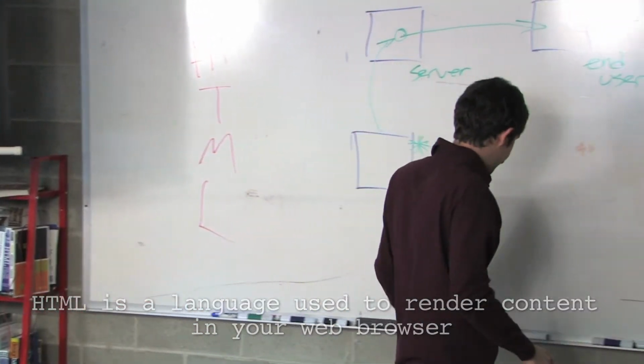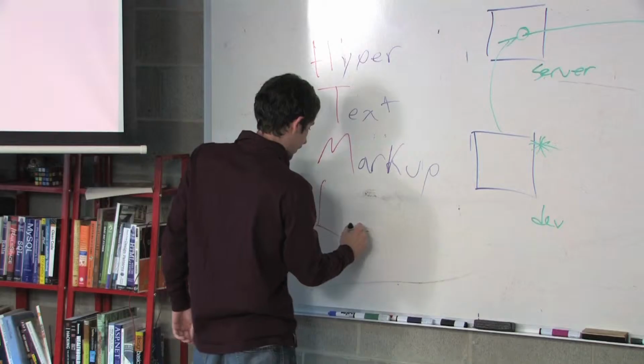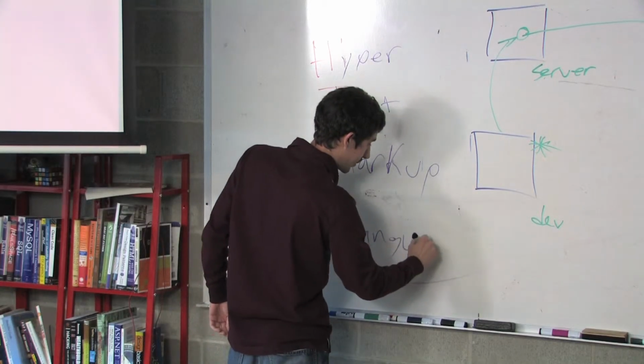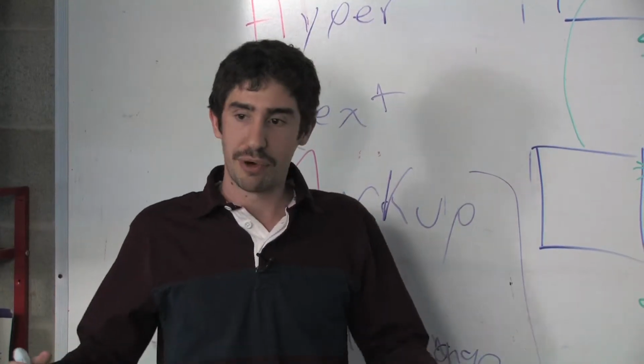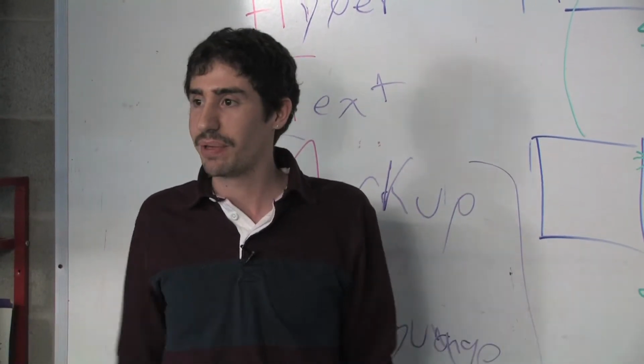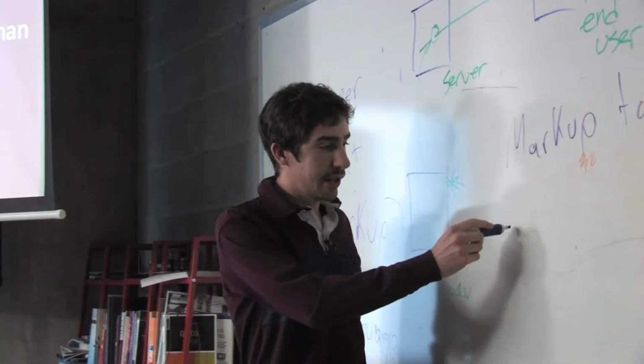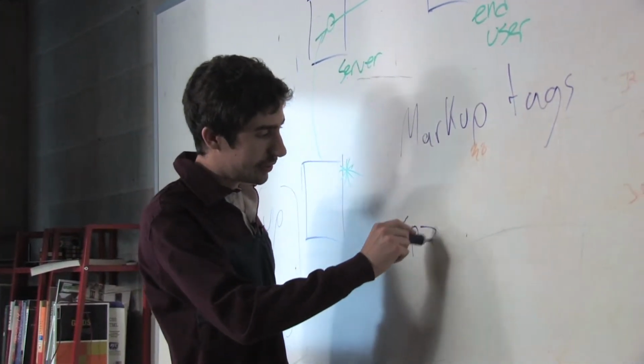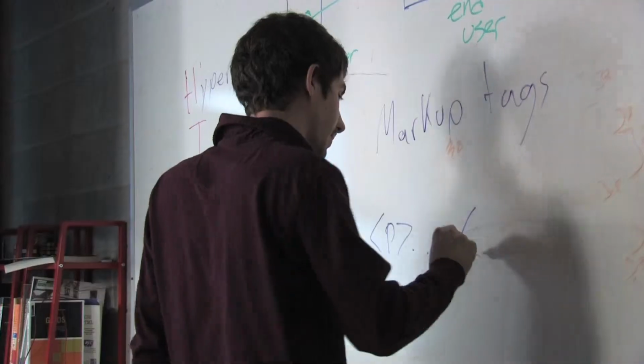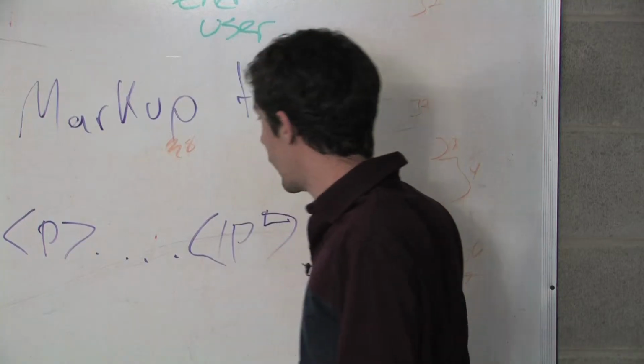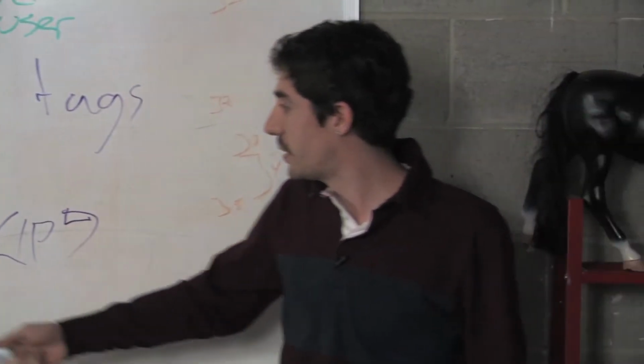It's an acronym. It means hypertext markup. This is not a programming language. It's tags that you use to mark up plain text documents, and they look like this. As you can see, there's a tag.